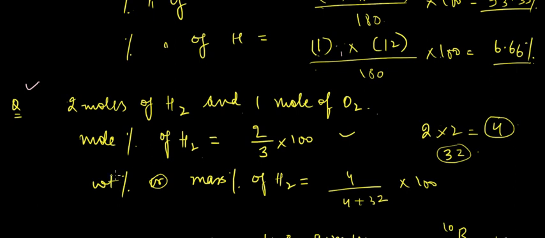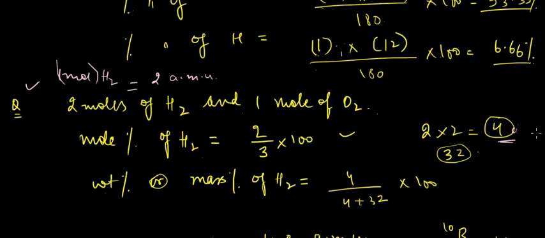Next, if you have been asked to calculate the weight percentage or mass percentage of hydrogen in the mixture, it would be, so 1 mole of hydrogen weighs, the molecular mass of hydrogen is 2 AMU. I am not talking about the hydrogen atom, I am talking about the hydrogen molecule. This is the weight for 1 mole. So for 2 moles it would be 2 into 2, which is 4. I am not writing any unit, it is understood.